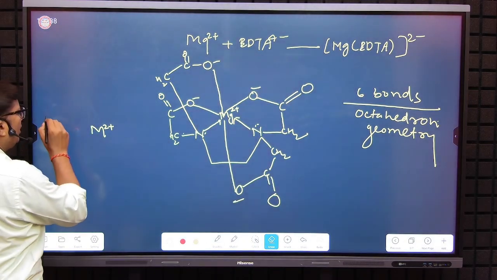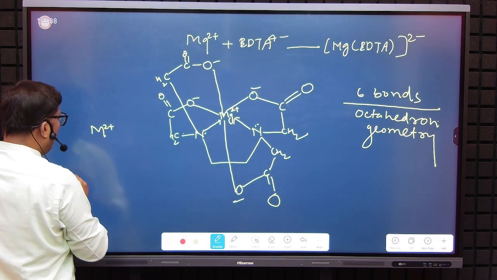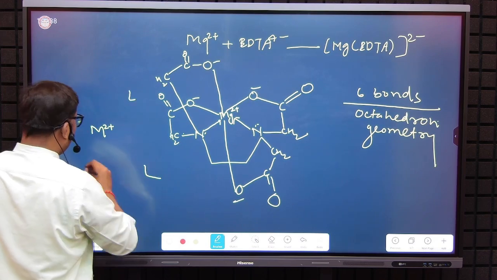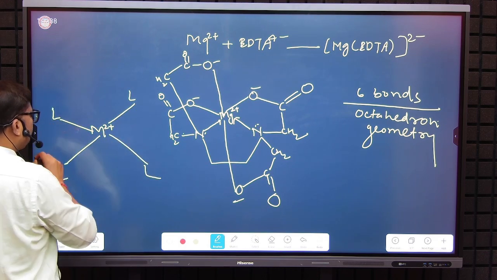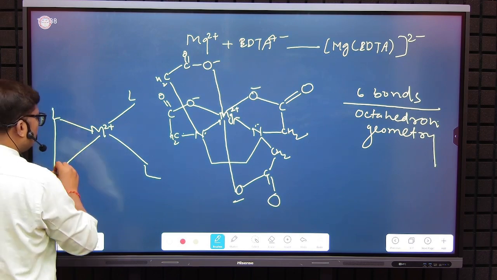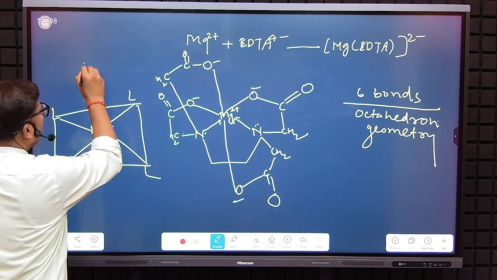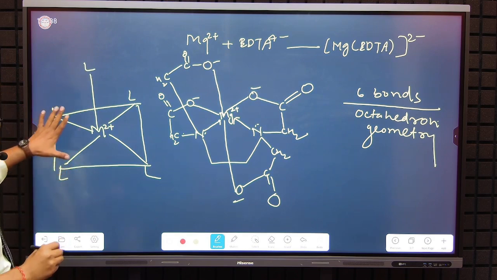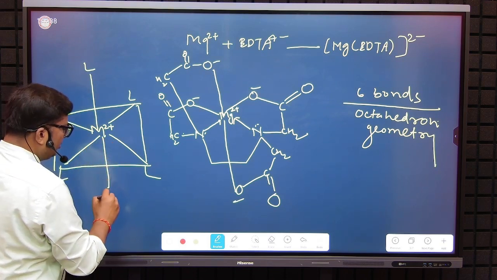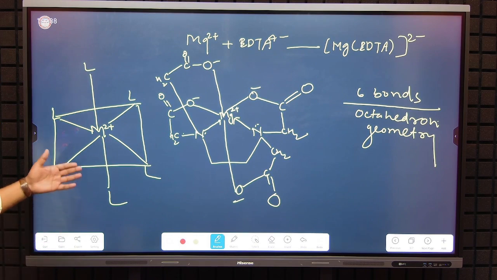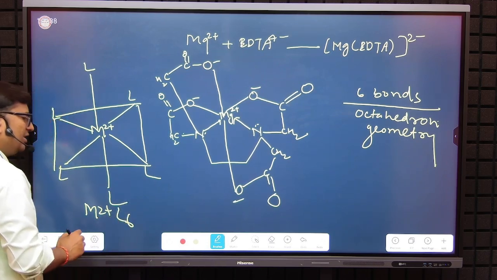This is your L, this is your L, this is your L, and this is your L. So if this forms such type of bond, right? And one bond is above the plane of this and one bond is below. Right, here ML6, M2+ forms complexes with L6.